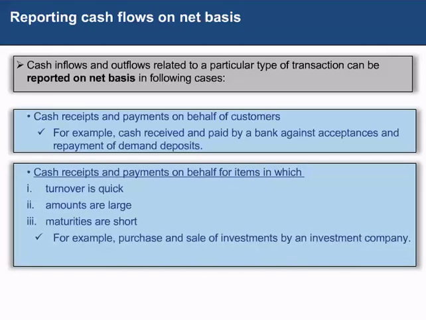Cash receipts and payments for items in which turnover is quick, amounts are large and maturities are short, for example, purchase and sale of investments by an investment company. So investment companies' investments would have maturities which are really short, the amounts involved would be large and the turnover would be quick. Thus, they can be classified on a net basis and presented accordingly.